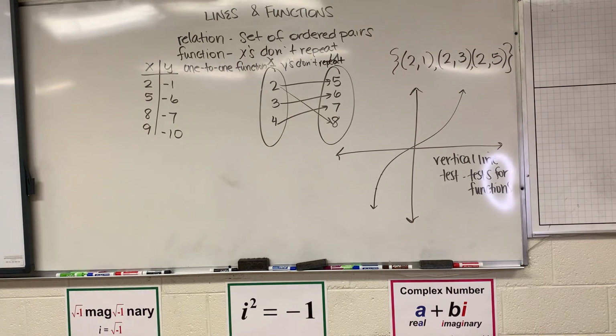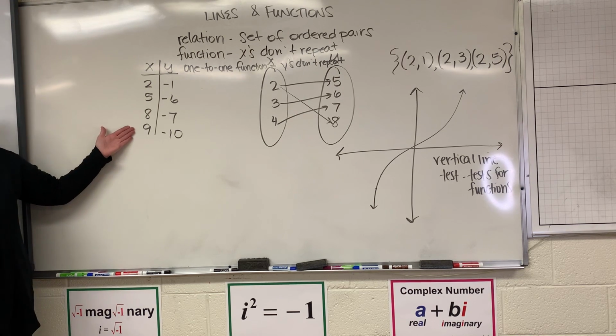So I've already done the vertical line test. I've already checked to see that x's don't repeat. Then I go to one-to-one, so that the y's don't repeat. So the fancy way to say this is for every x there is one y. For every one x there is one y. Only. Okay, so would this be a one-to-one?